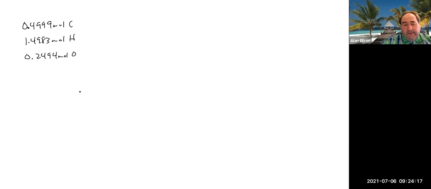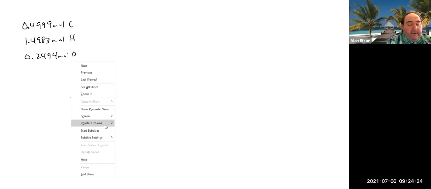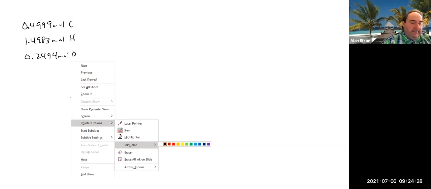At this point we have taken it from grams to moles. The next step in finding our empirical formula is to divide by the smallest number of moles, which in this case is oxygen. So we divide each by 0.2494.